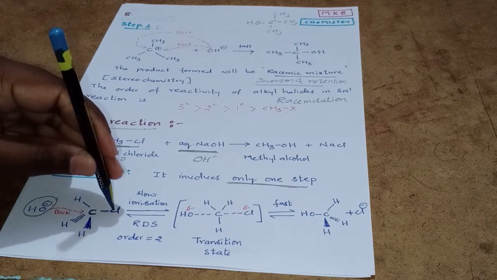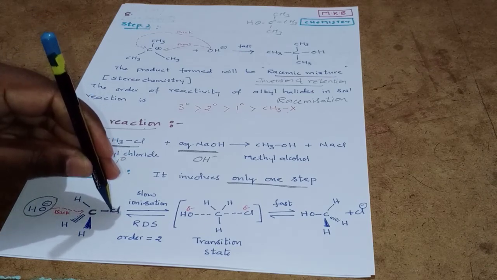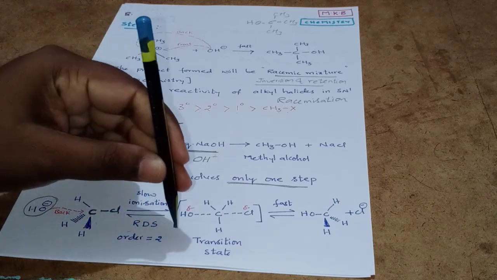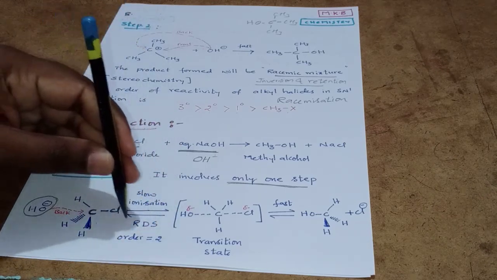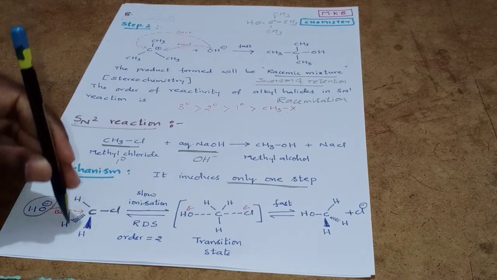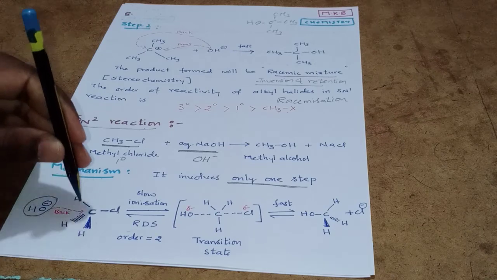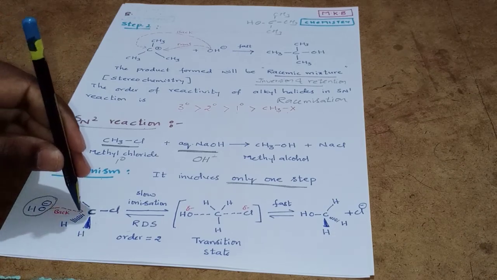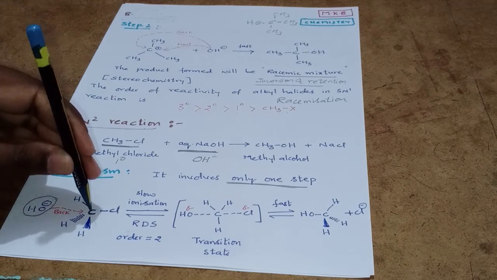Because in front side there is a large sized chlorine atom. It occupies more space here, so that the hydroxide ion cannot attack from front side, whereas from back side there are smaller size hydrogen atoms. There is sufficient space to enter and attack this carbon atom.